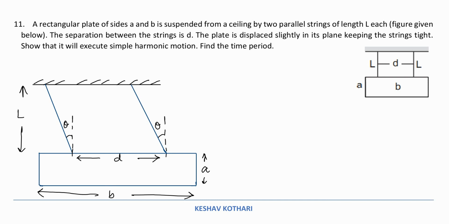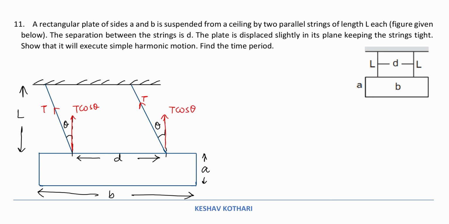So over here, the first thing which we are going to write is for vertical equilibrium. So if I say that a tension T is developed in these strings, so over here I can say that this component is going to become T cos theta, and this component is also going to become T cos theta.